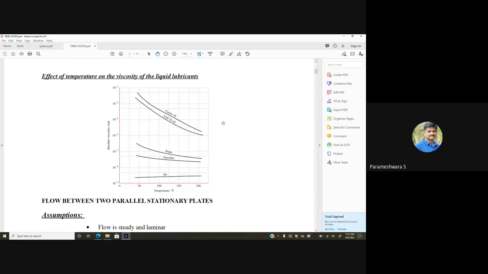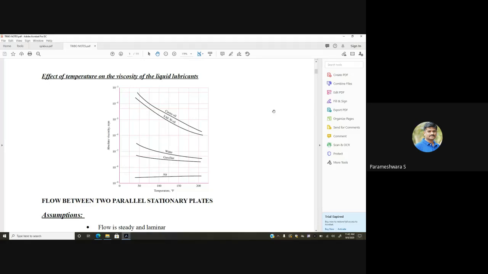We have one more specification, that is SAE 10W, 20W, 30W. That W refers to winter. As you are all aware, the world can be geographically segmented into parts: equator region, polar region, south pole, north pole. When you go to the polar region, the temperature drops drastically, and you can have minus degrees also.